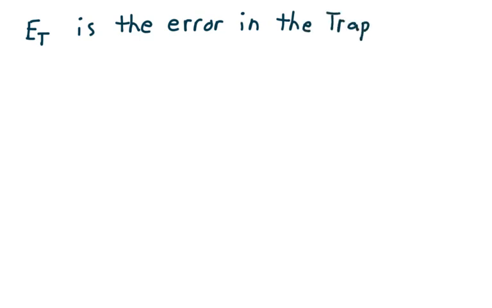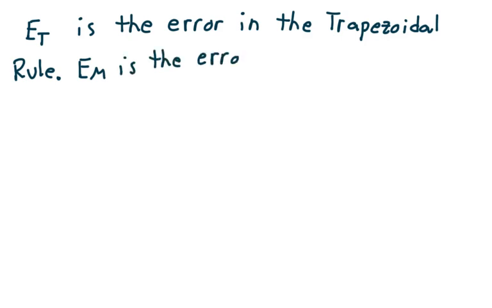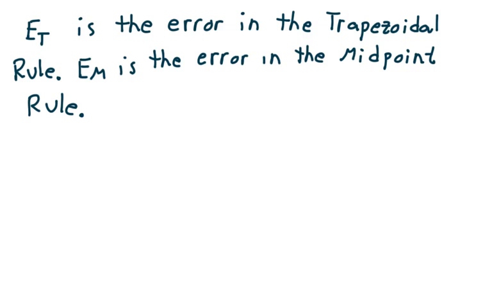Now, come over to here. E sub t is the error in the trapezoidal rule.